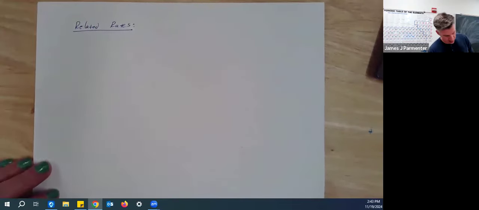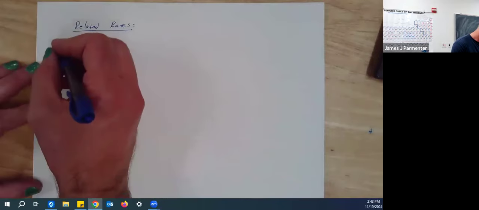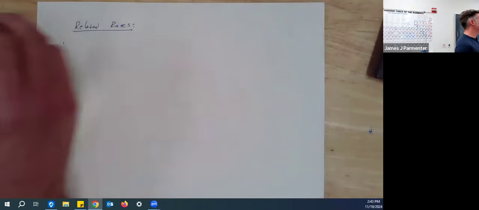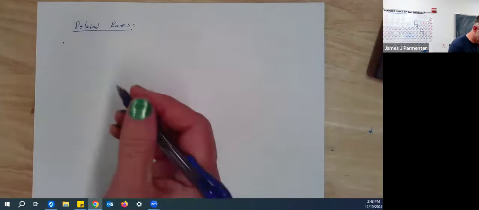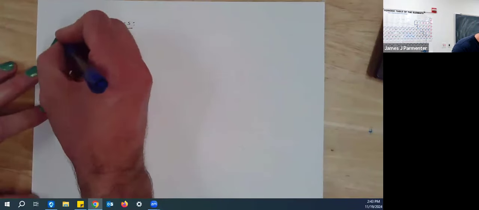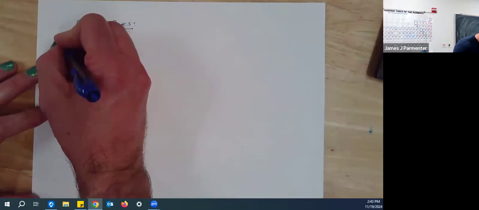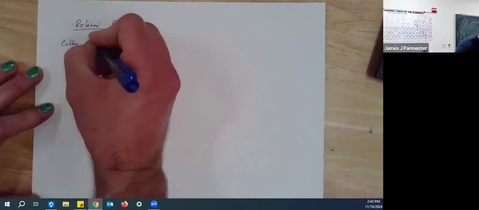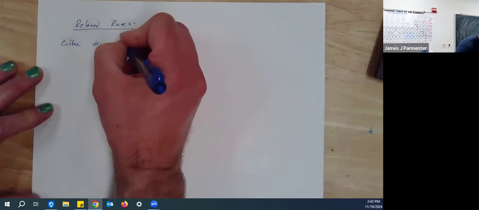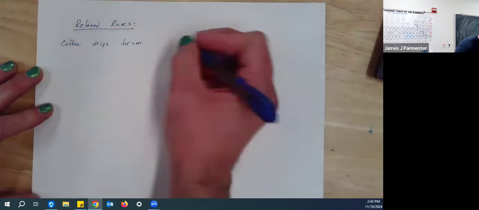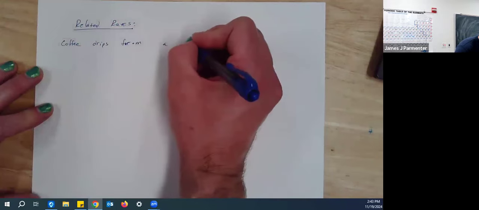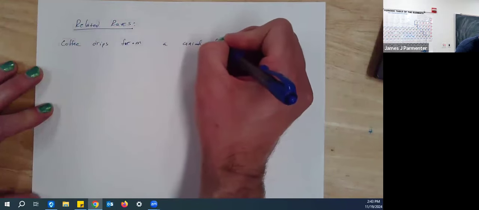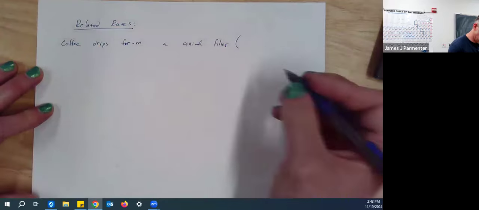So here, yes, here's a good one, so we're brewing some coffee. On the subject of caffeine still, right? We'll keep it with caffeine. So we're brewing up some coffee and we have a, let me remember the phrasing here. Yes. So coffee drips from a conical filter, typical shape, right?